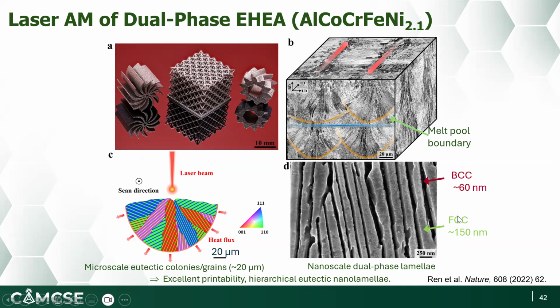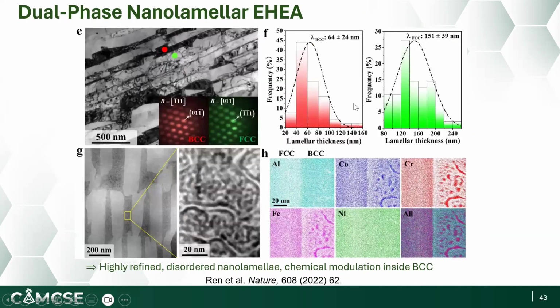So these laminar thicknesses are an order of magnitude smaller than the microlaminar structures that I showed you earlier for the conventional cast material of the same composition. Now, if you zoom in further, you will see a very interesting elemental distribution within the dual-phase nanolaminar structures in the 3D printed eutectic high-entropy alloy.